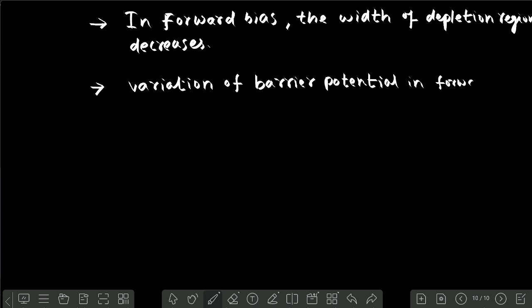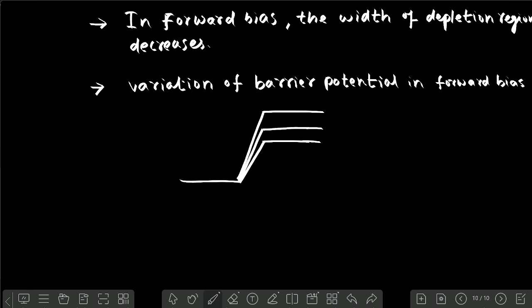Let me take three potentials like this. Number 3 is forward bias, number 2 is forward bias with low voltage, and number 1 is the no bias condition. See here, this is your VB. Now what is happening here?